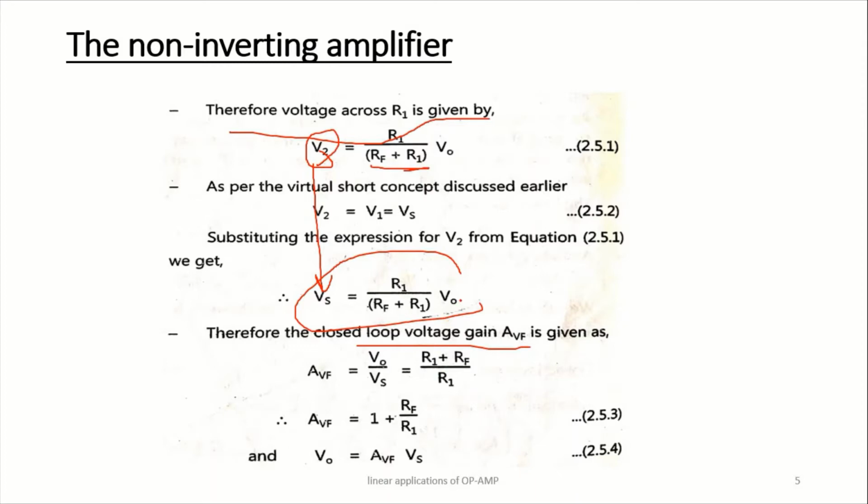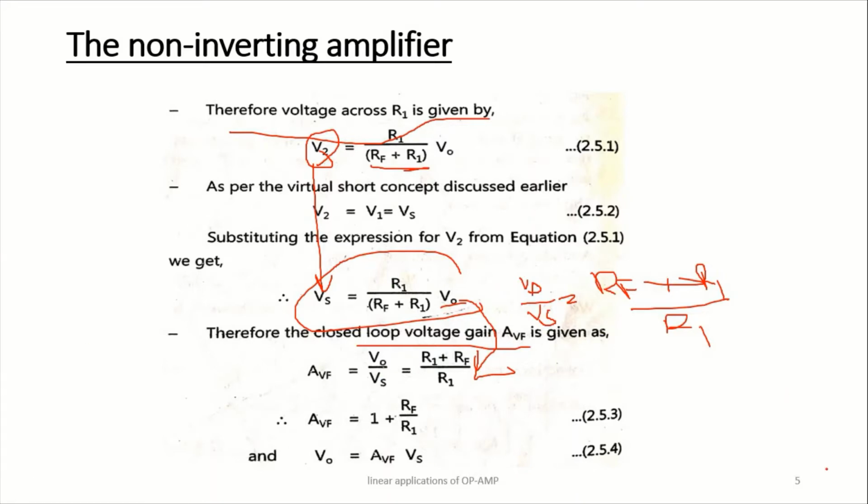From this equation we derive that V0 divided by Vs, with the ratio reversed on the right side, is RF plus R1 divided by R1. Output voltage divided by input voltage is the closed loop voltage gain.